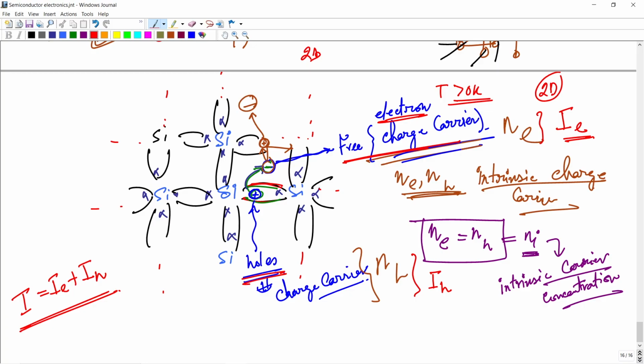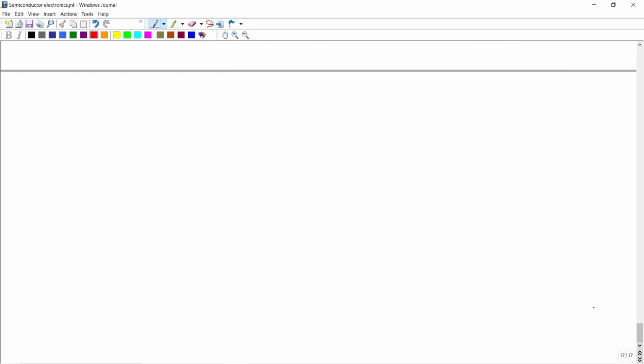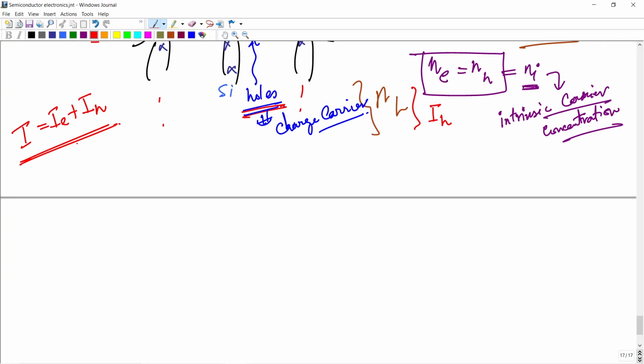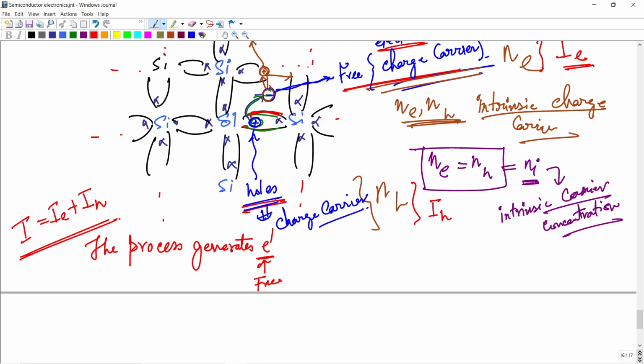Okay, the process to generate a free electron is called generation of conduction electrons. These electrons are free because they are not part of any bond.